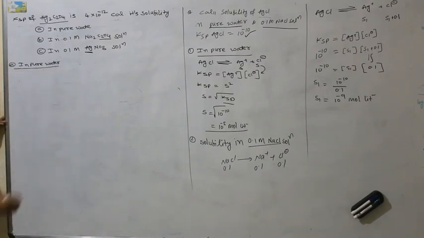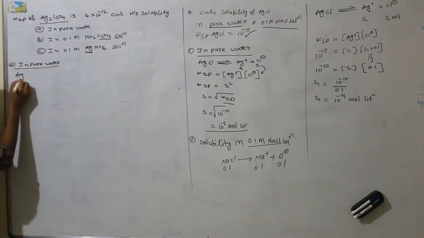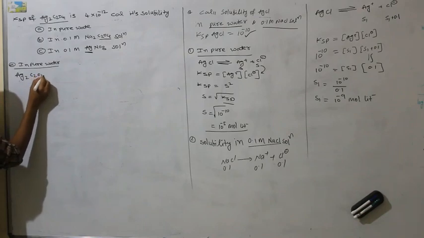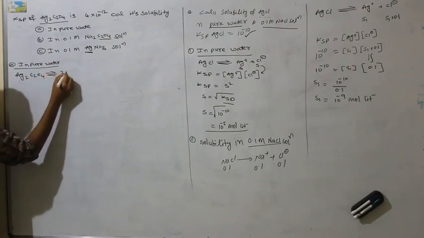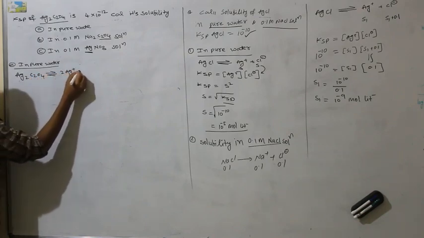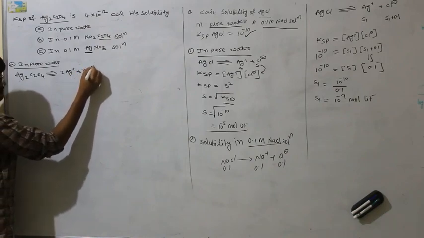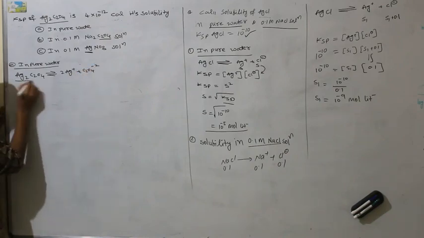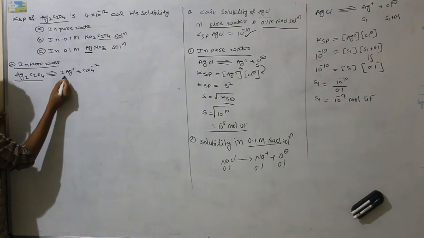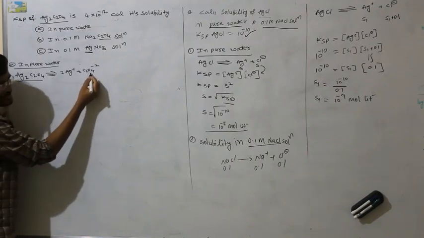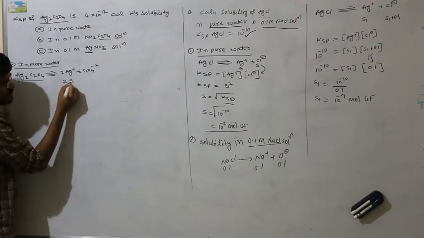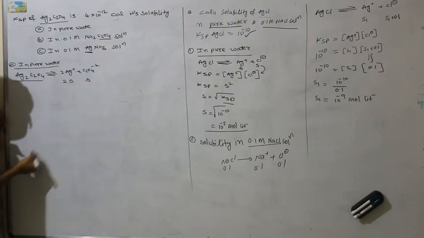In pure water, silver oxalate will split into 2 Ag plus and C2O4 2 minus. So 1 mole gives 2 moles of Ag plus and 1 mole of oxalate. So the solubility of Ag becomes 2S, and the solubility of oxalate becomes S.